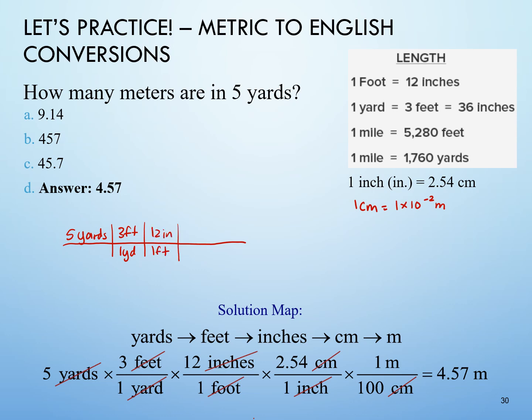And then from my 12 inches, I can go to centimeters. And then my centimeters, I'm going to go to meters. So 1 centimeter is 1 times 10 to the minus 2 meter. Let me continue this line. All right, and that equals, if you put it in a calculator, you should get the same answer. And in this case, it would show you 4.57.